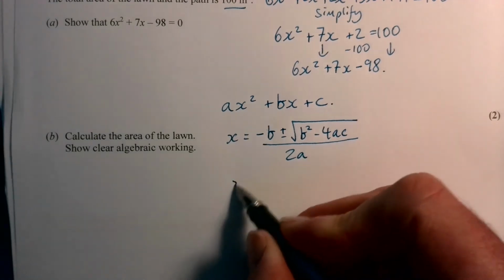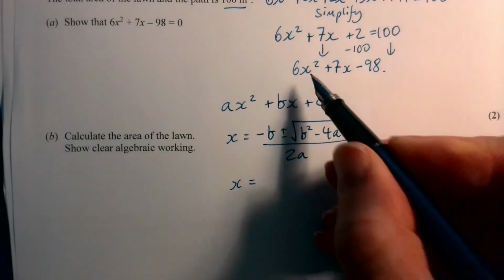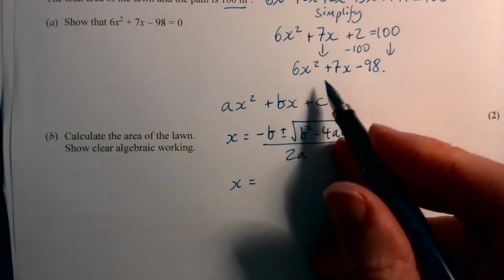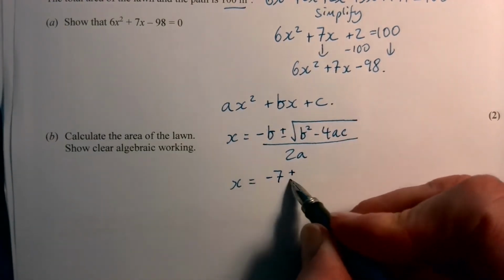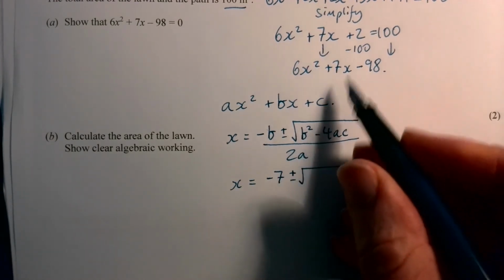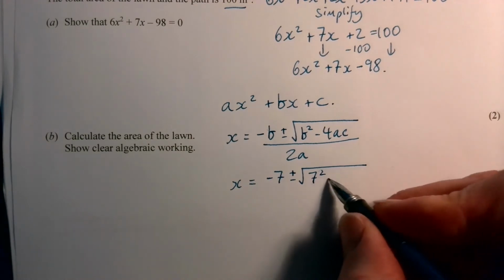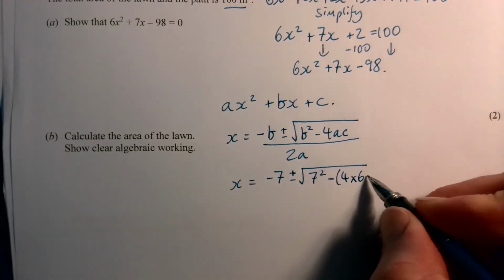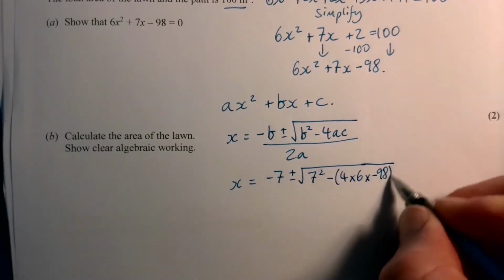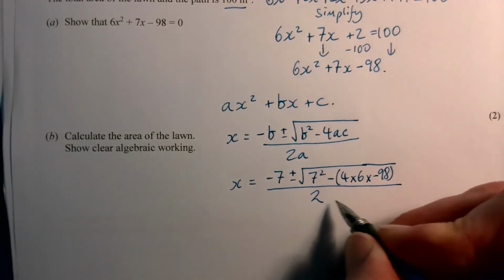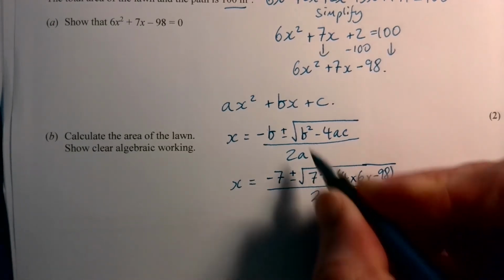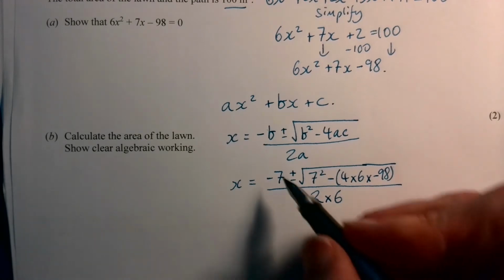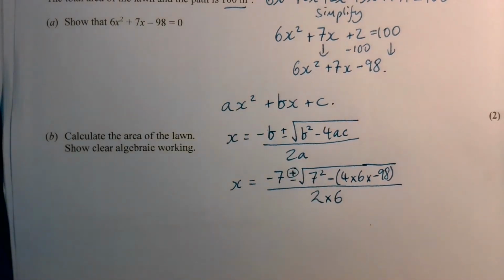So what we're going to be putting into the calculator is x equals negative what b is, so that was 7, so it's negative 7, plus or minus the square root of b squared, so that's 7 squared, which is 49, take 4 times 6 times negative 98 all over 2 times 6, because 6 was a. And you're going to have to do it twice. You put it in with the plus first of all and press equals, and then toggle back through your screen and press minus, and you'll get another answer that way.